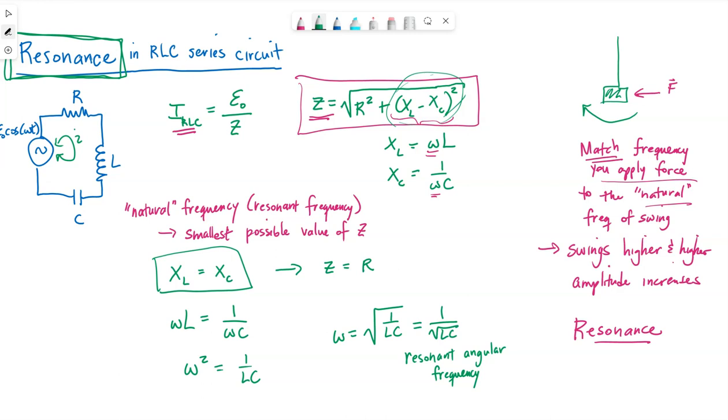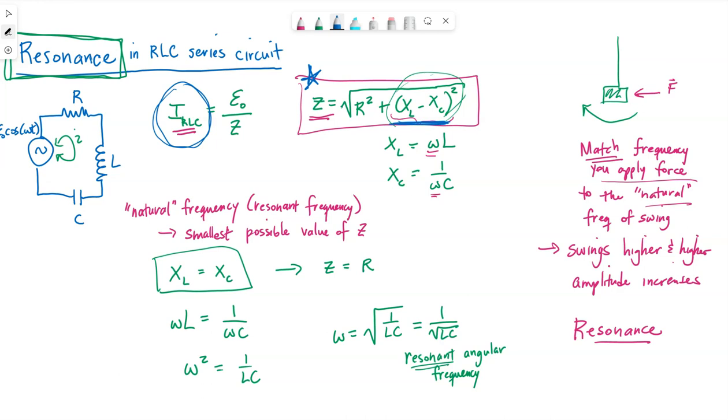So in an AC circuit, this same angular frequency is a situation of resonance, meaning we're going to get the largest possible peak value of current flowing. If the angular frequency of the source changes at all, that will change Z and make Z larger, because if we change the frequency, XL minus XC will no longer be 0.